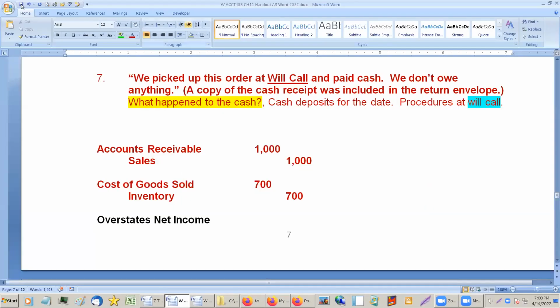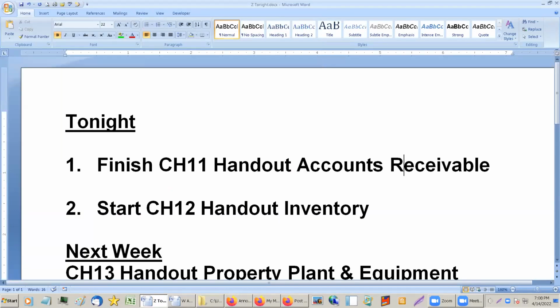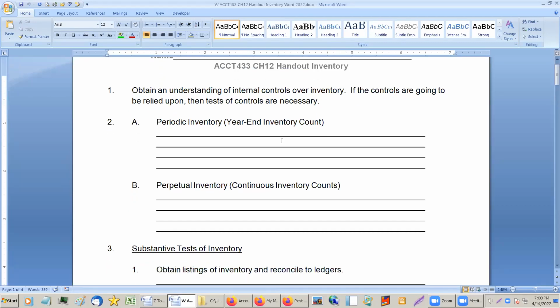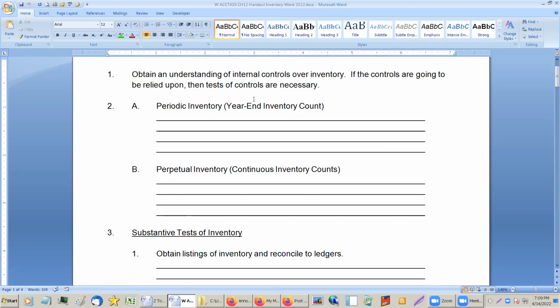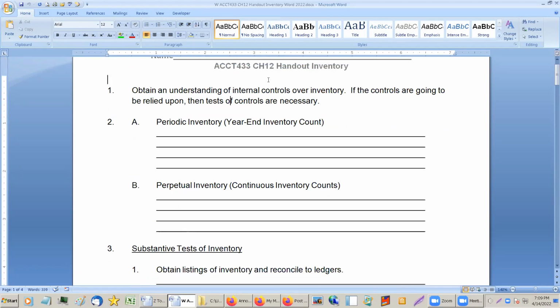Let's see here. I'm going to save this. So for this chapter, I didn't go too much into the internal controls over inventory, and obviously they do have them, but it's stuff we already know.